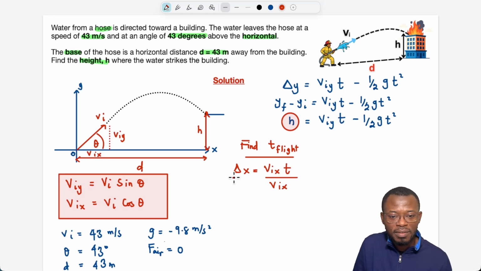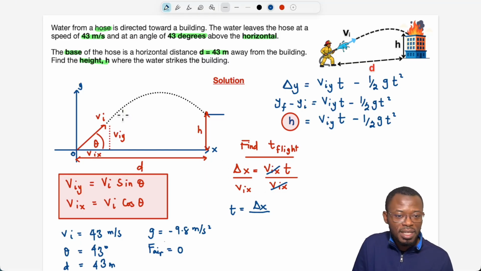The vix divided by vix cancels out to 1, so 1 times t just gives us that time. So now the time is t equal to delta x divided by vix. However, vix is not vi, but vi cosine of theta. So we need to insert that here.